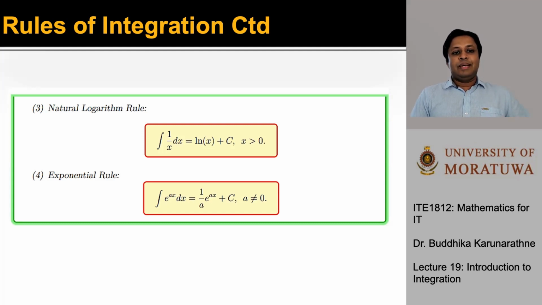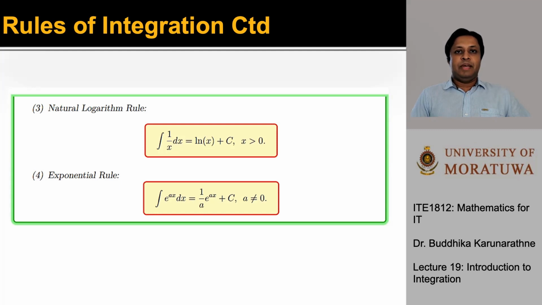And then, of course, the exponential rule with e to the ax, where a is a constant not equal to 0, because when a is equal to 0 it will be 1. When you integrate e to the ax dx, it will be 1 over a times e to the ax plus the constant. This is what we call the exponential rule in integration.